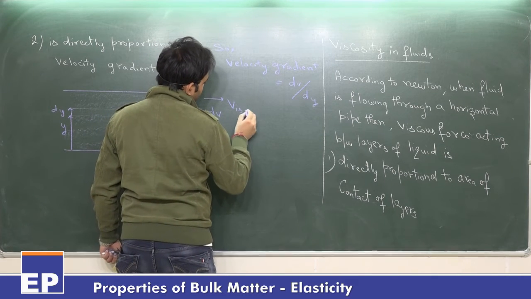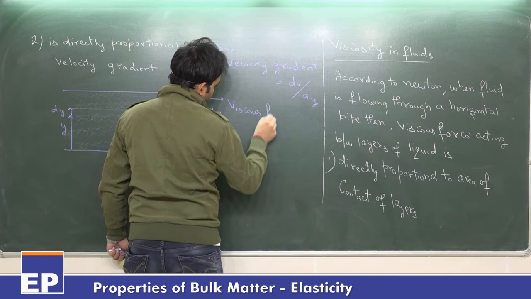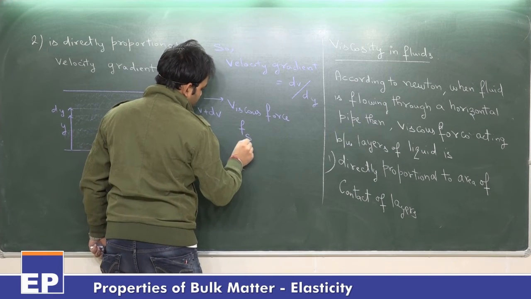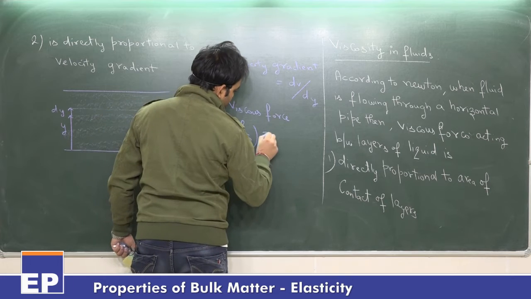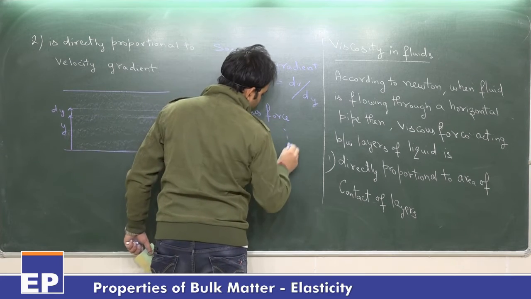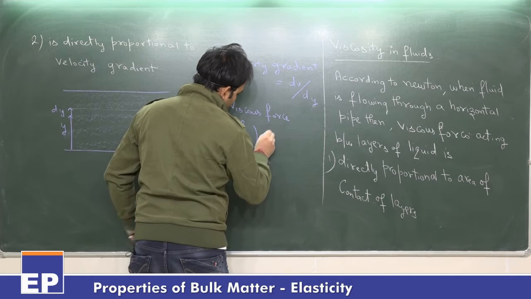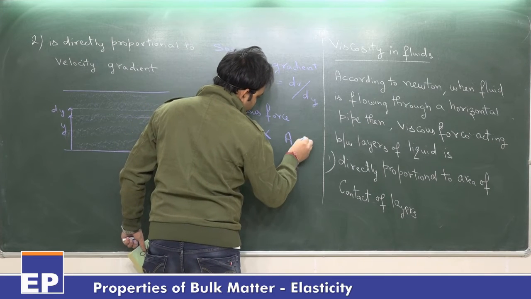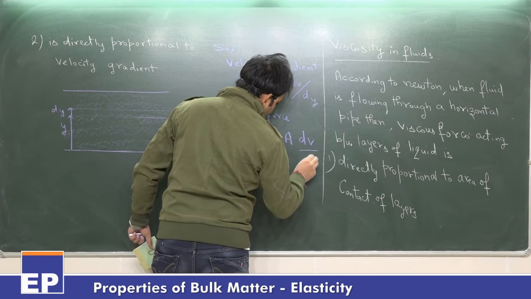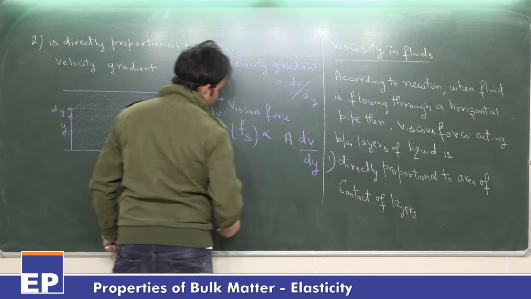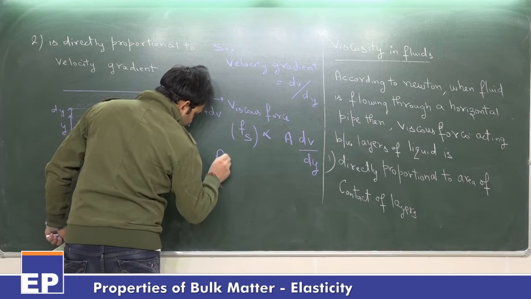Viscous force Fs is proportional to area of contact and change in velocity by length, dv by dy. But it will be negative, and the proportionality constant is used.